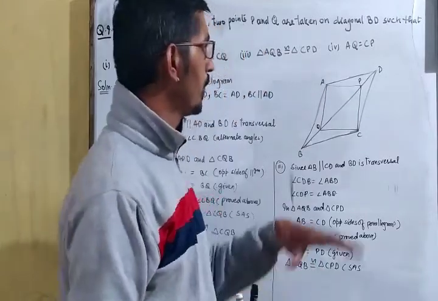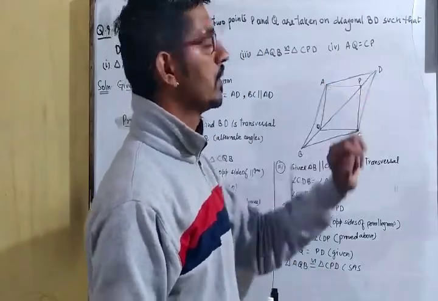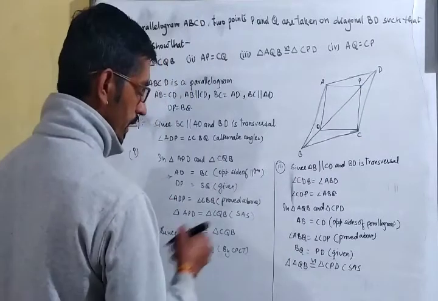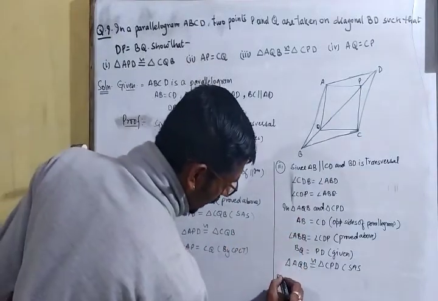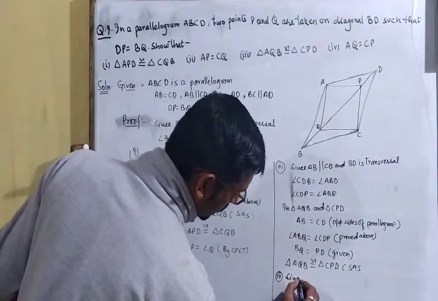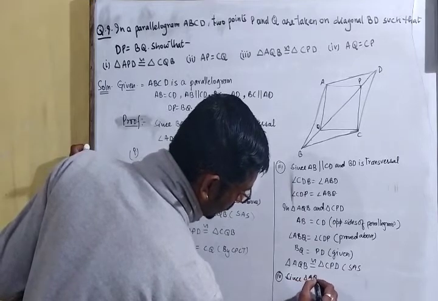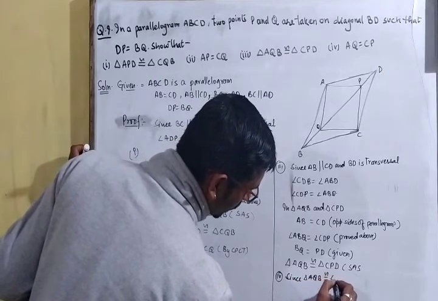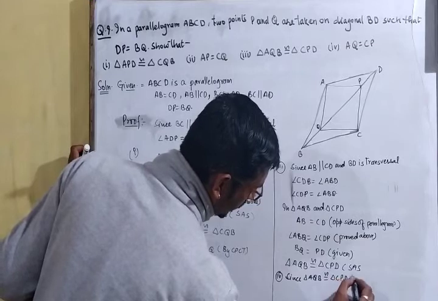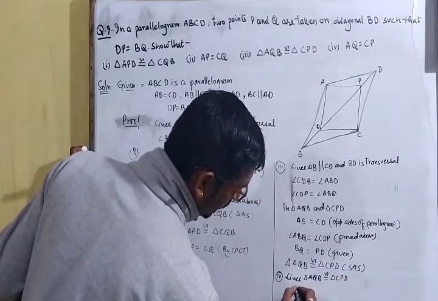Okay, now fourth thing, AQ is equal to CP. Okay, now what we can say, fourth part, since triangle AQB is congruent to triangle CPD, what we can say?